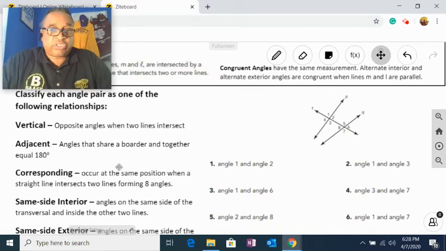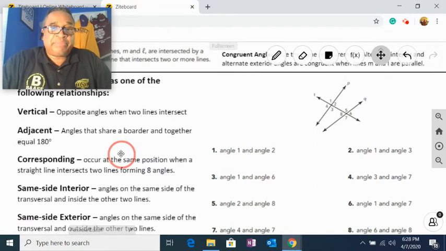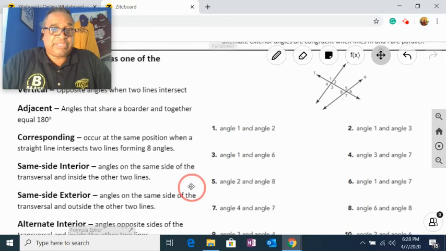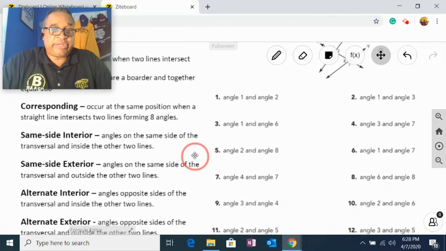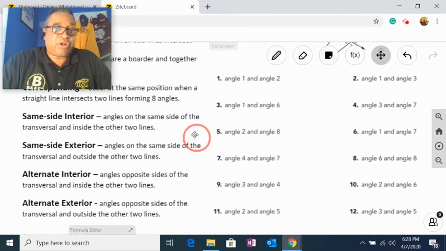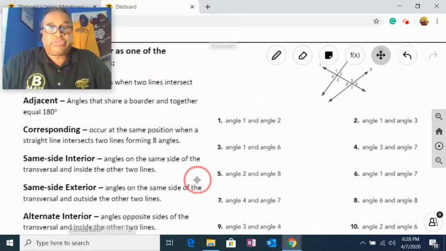Corresponding angles are ones formed when a straight line intersects two lines forming 8 angles, so like 1 and 5 are corresponding angles. Then same side interior, same side exterior, alternate interior, alternate exterior. We're going to look at all of these.